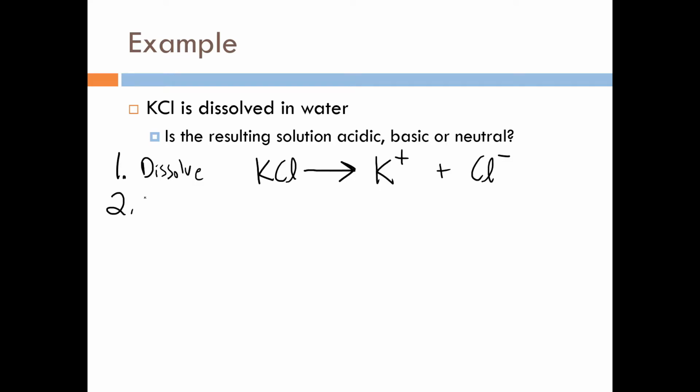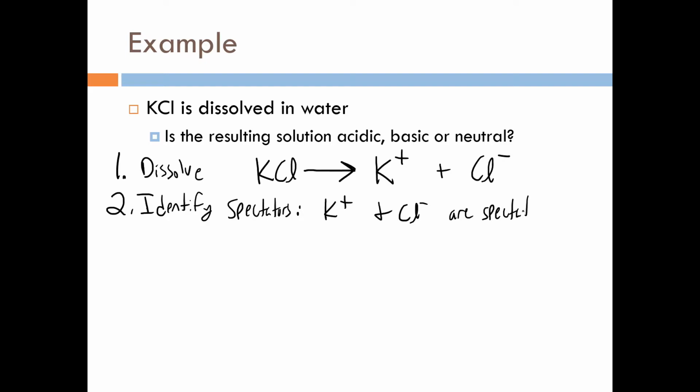Now step 2, we'll identify any spectators. In this case, both K+ and Cl- are spectators. K+ being an alkali metal, Cl- being the conjugate base of a strong acid.